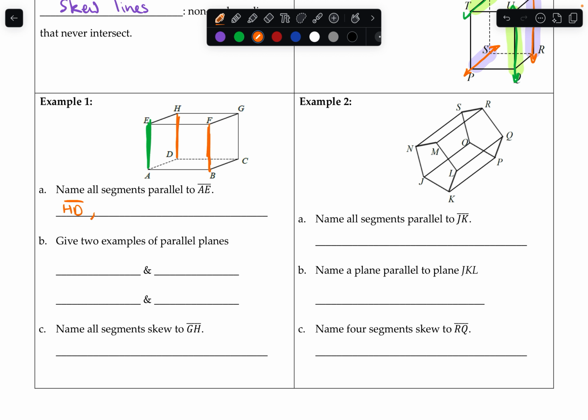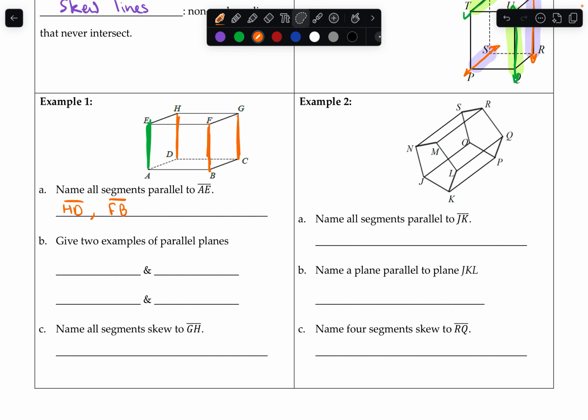FB, also pretty obvious. We know that these segments are parallel because they're on the same plane. I've got A, E, and an F, this front of the box here. So both sides on this front of the box, both sides on the left side of the box. And there's actually another segment that's parallel, and that's GC way over here.